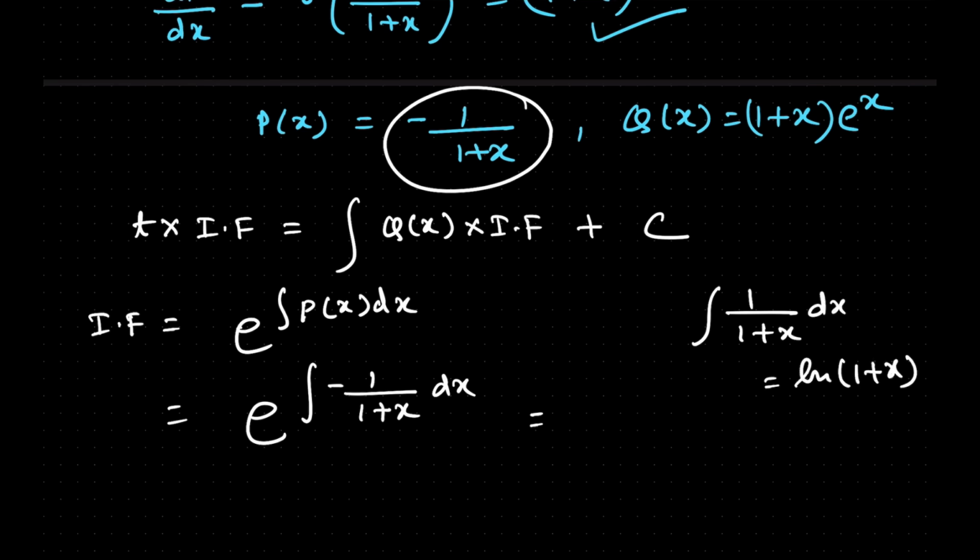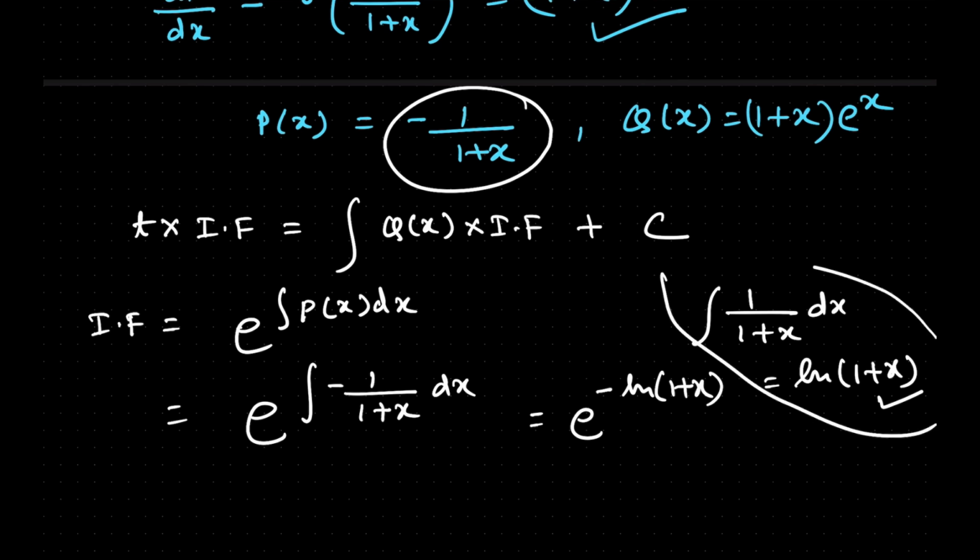You can just simply revise your integration chapter, because we are not going to make you understand the integration chapter in the present lesson. So here you can write e to the power of minus ln of 1 plus x. Next step, we will take this minus 1 inside in the power, as we have already discussed in the last problem also.